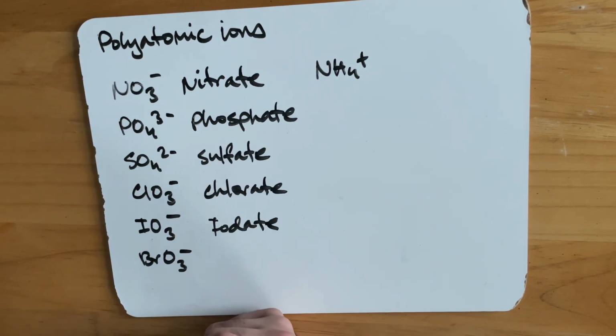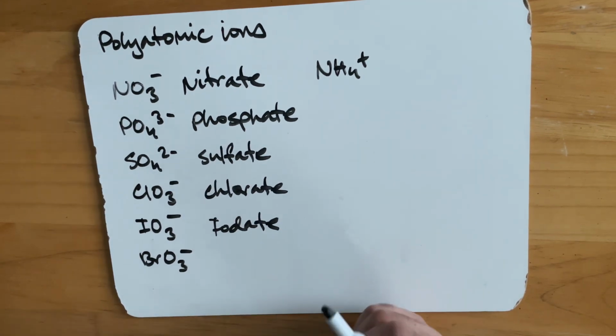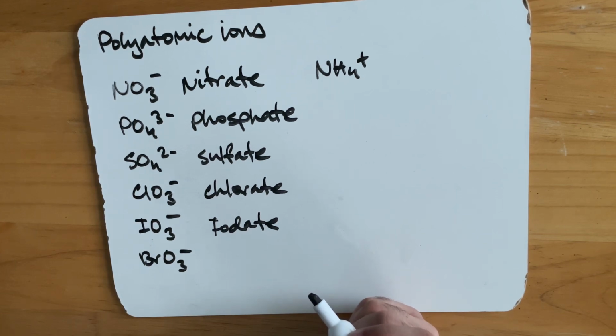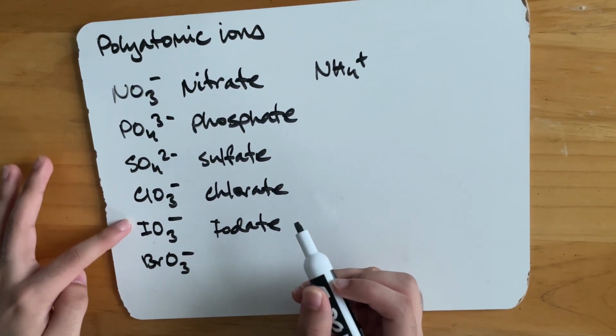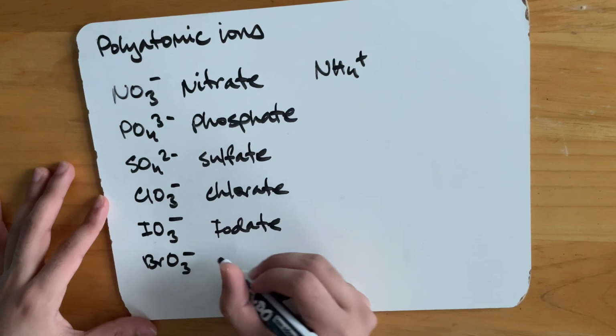For some of the really common polyatomic ions this is kind of true, but this isn't exactly a naming scheme. At least for the halogens, this is true. Anything with 3 oxygens is an -ate. So this is chlorate, iodate. This is also a halogen with 3 oxygens, so this is bromate.